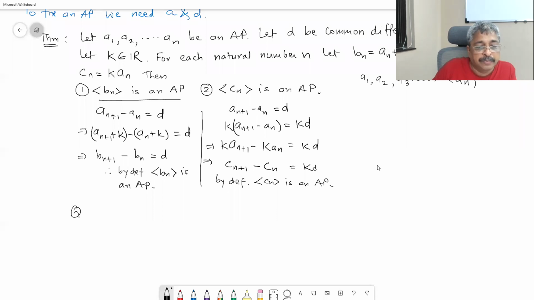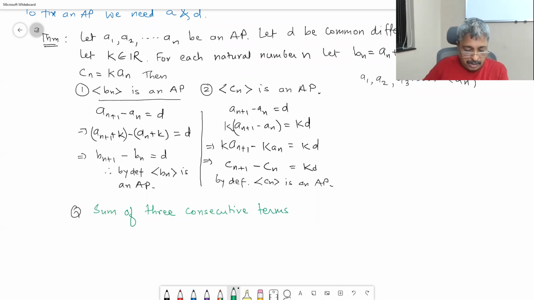Three consecutive terms. In an AP, the sum of three consecutive terms is equal to 21 and the sum of their squares is 179.